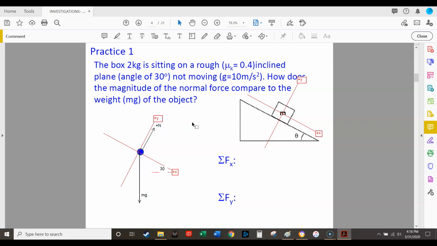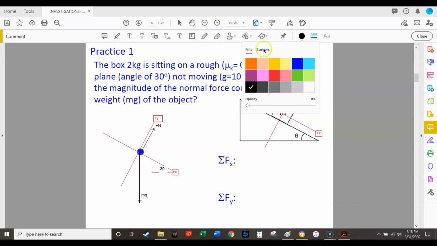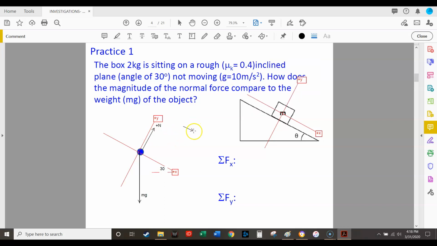Okay. And friction is going to be working on this. Now the object isn't moving. But if it were to begin to slip, I'm going to use a border here. If it were to begin to slip, it would be sliding down the plane.